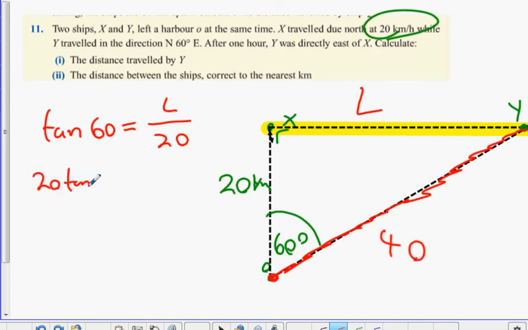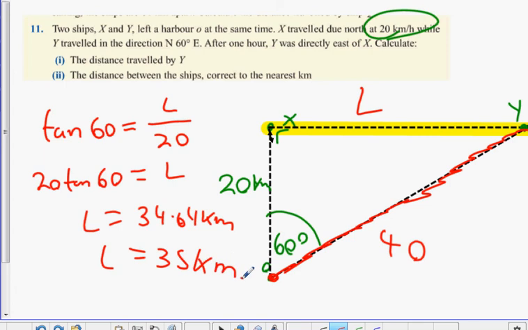And what is 20 tan 60? Once again, make a prediction. Is it going to be bigger than 40? Bigger, not as big as 40. 34 point something, and round it off to the nearest one. L equals 35 kilometers. Is everybody alright with that?